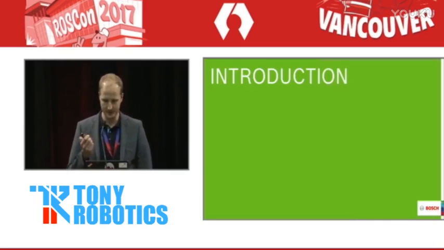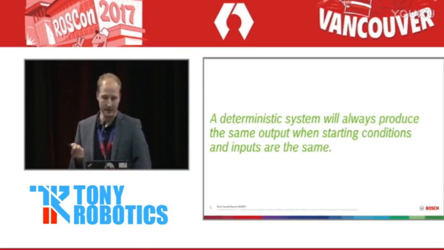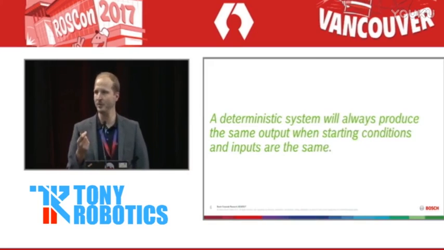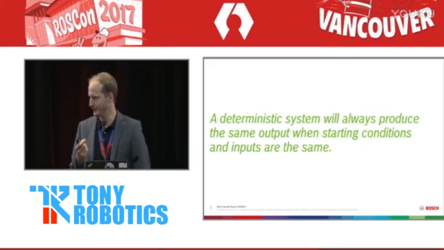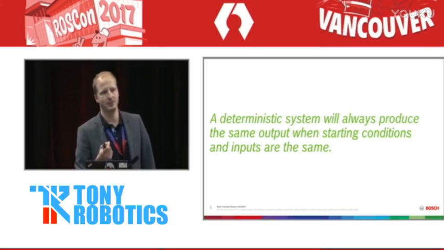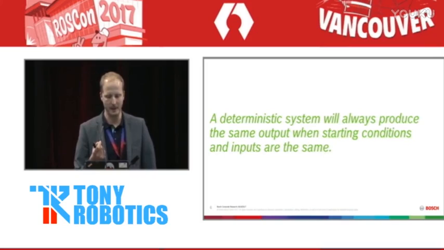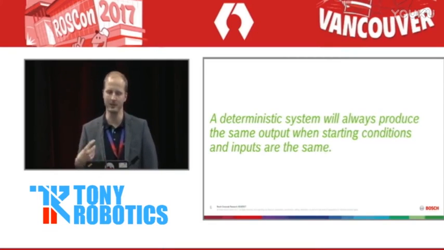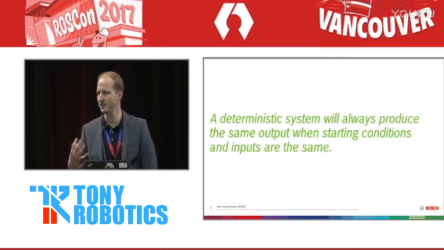Right. So by the book, a deterministic system is a system that will always produce the same output when starting conditions and inputs are the same. For robotics, that's often problematic because we have randomized algorithms and machine learning things which depend on something else than just their state.